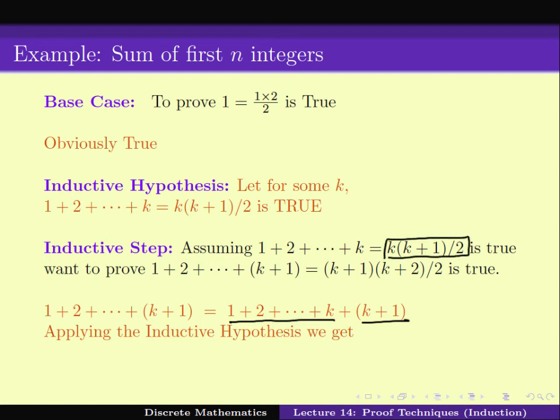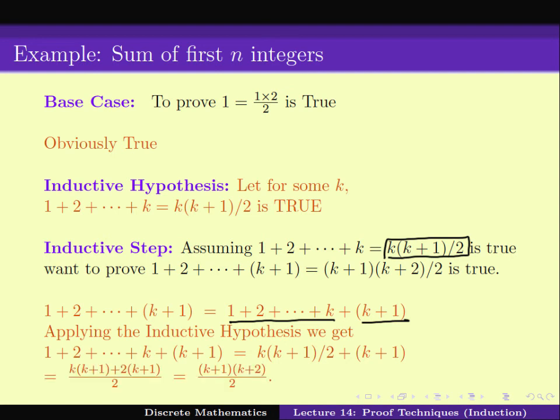So we can plug it in and we get that. And if you now just do the calculation here, you get that this is actually equal to k plus 1 into k plus 2 by 2, which is what we wanted to prove. So thus we have proved the inductive step.